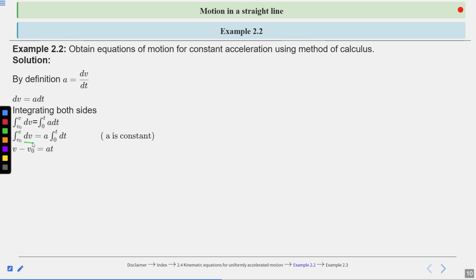So integrate dv, you will get v minus v naught, and a as it is, and the integration of dt is t. So the equation becomes v is equal to v naught plus at. This is the equation of motion by using the method of calculus.